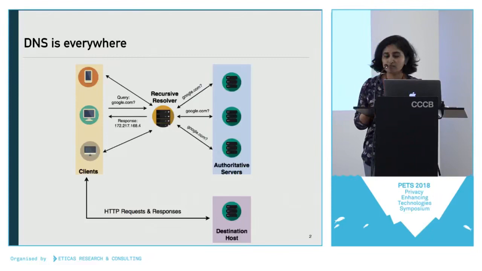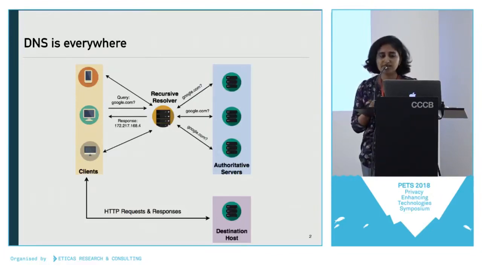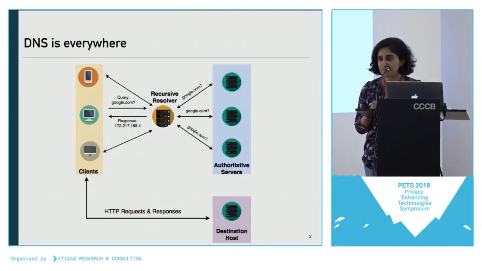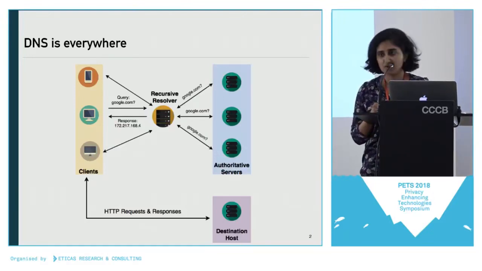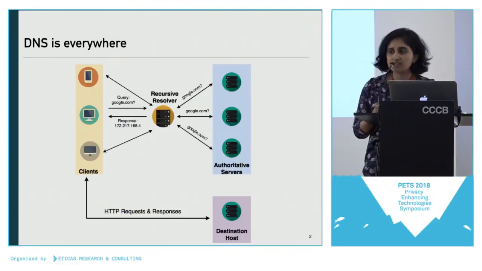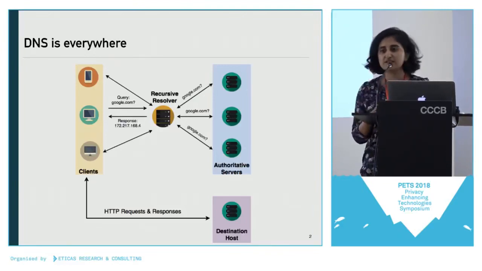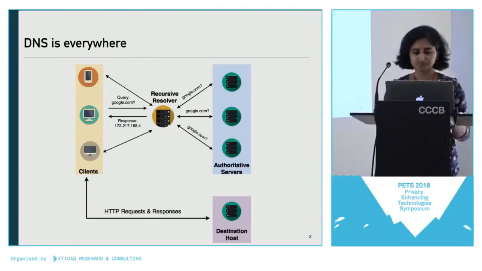The recursive resolver contacts a number of authoritative name servers which hold databases of DNS domain name to IP address mappings till it receives the correct answer for the client's query, and it sends this back as a response to the client. Once the client receives the IP address, it establishes a connection with the destination host, and it can exchange data such as HTTP requests and responses.